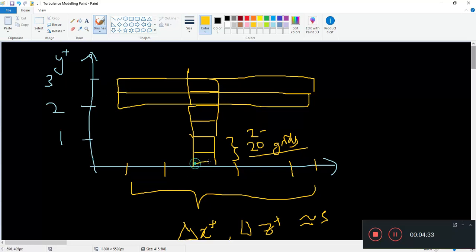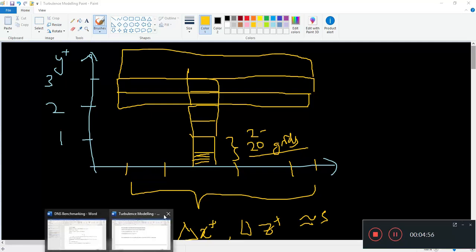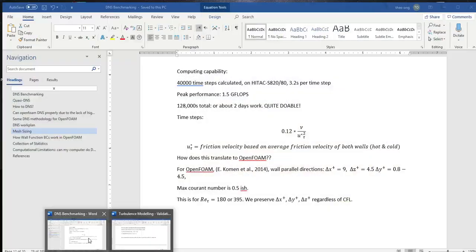Of course, you can have smaller cells near the wall, and then you expand as you go up. You have the smallest cells nearest to the wall and expand them as it goes up, and that's the general rule of thumb. That gives you an idea of how big or small your mesh should be.